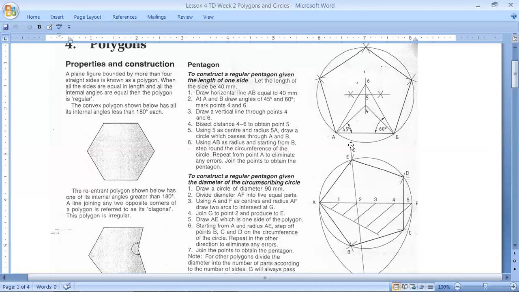For the first one, method 1. Suppose they give us the length of one side that is 40 millimeters. We need to construct 2 triangles. Triangle 1 is 45 by 45, right?